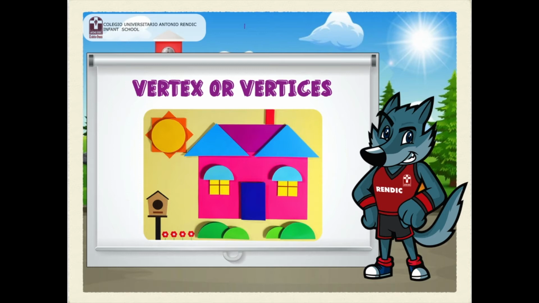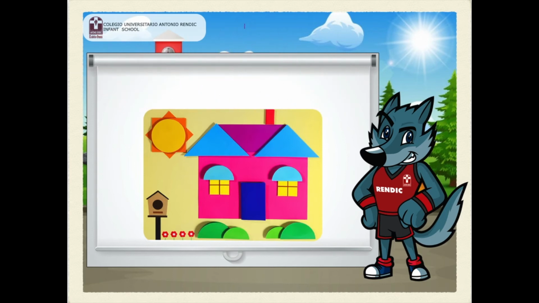This house is made of different shapes. Let's find some vertices or corners together. Look, here I found 1, 2, 3, and 4 corners. I'm sure you could find more corners too.